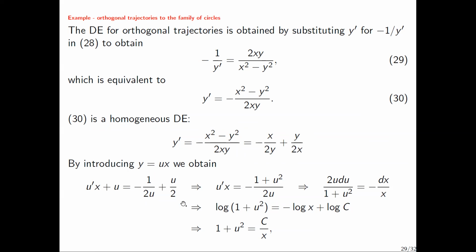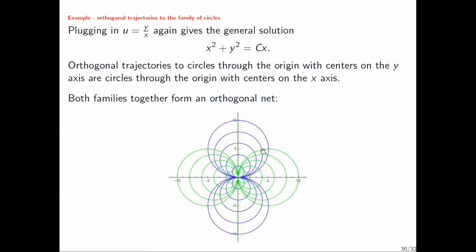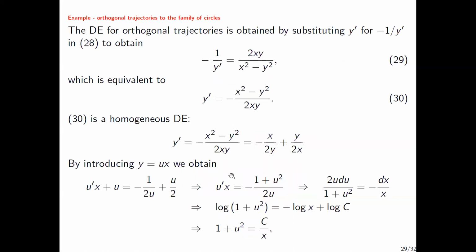And I would like to add something to this. We did this last time at the end, but I changed the problem. So instead of taking for the initial family this family of blue circles, I took for the initial family the family of green circles. And then our differential equation was, in fact, that one.